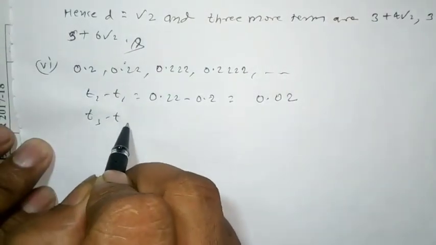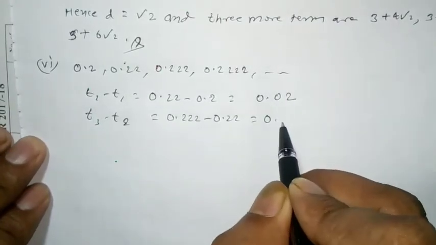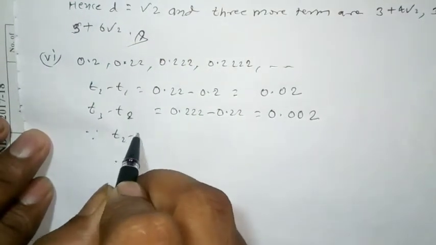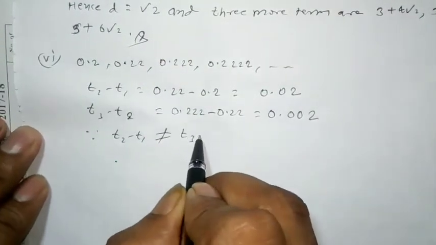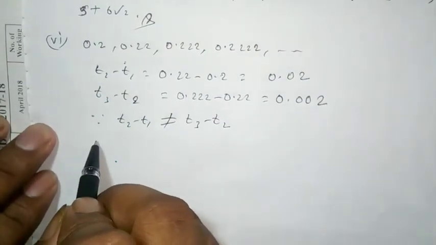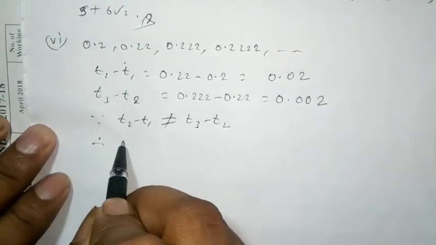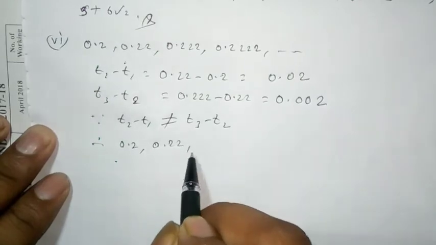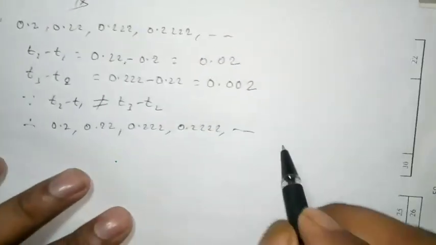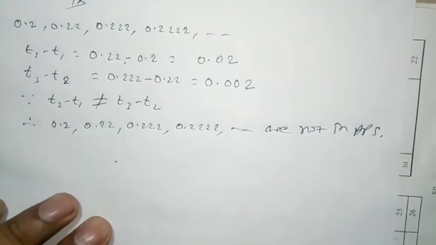T3 minus T2 is equal to 0.222 minus 0.22, equal to 0.002. Because T2 minus T1 does not equal T3 minus T2, so 0.2, 0.22, 0.222, 0.2222 are not in AP.